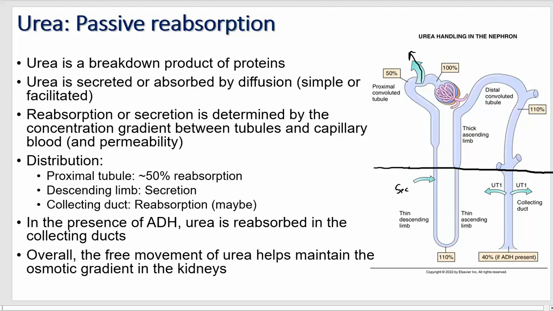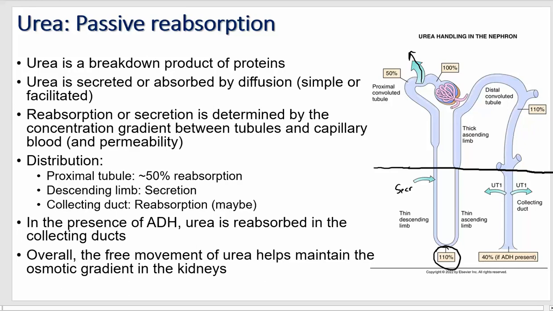It's variable, but on average we have 50% is reabsorbed, and then we have so much secretion. I feel like that arrow should be bigger, because down here it's showing that after the loss of water, we have urea moving in, but we also have water moving out. So now we have this really highly concentrated amount of urea. So now we have 110% urea down in the bottom of the loop of Henle, and so that's kind of what we have.